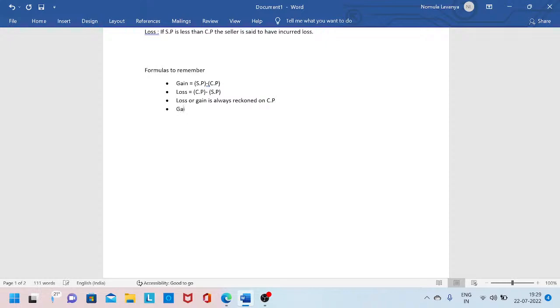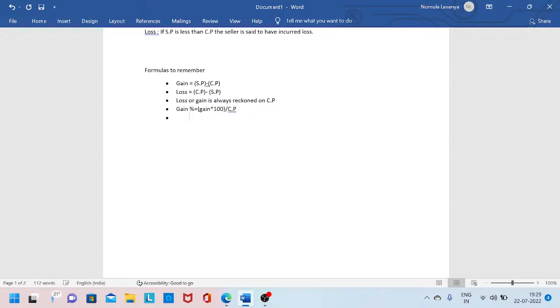And gain percent equals, in brackets, gain into 100% slash cost price.